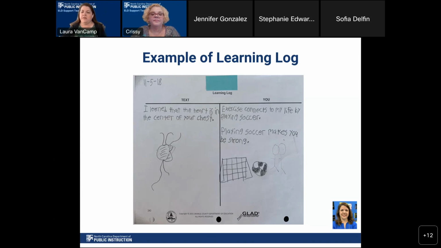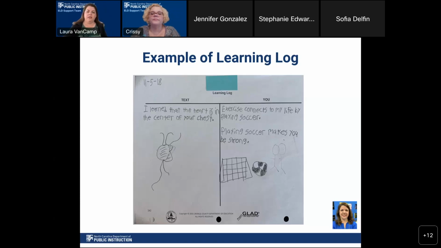And they love keeping those in their folders and pulling those out, looking at them again. It is that moment of learning for them that they really enjoy coming back to later on. And so the learning log is, like I said, really simple but really powerful.